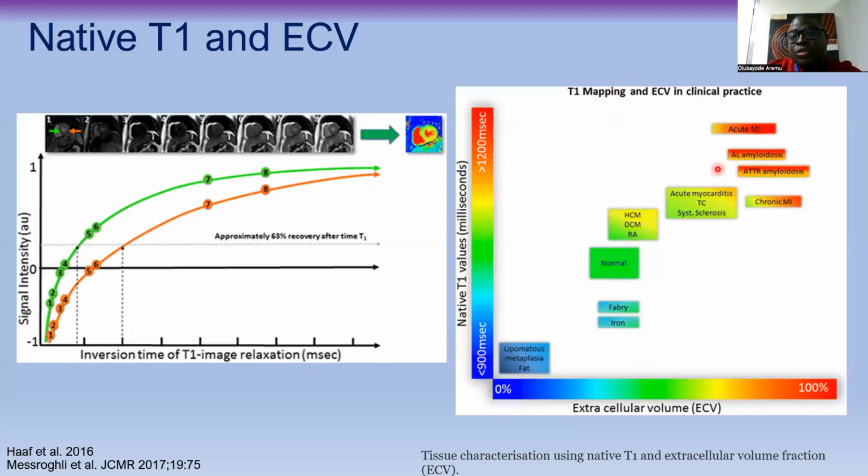We see it ranges from acute myocardial infarction, very high in MI, amyloidosis, the two types of it, the transthyretin and the alpha amyloidosis here, chronic MI, and then it begins to come down from acute myocarditis, systemic sclerosis here, the cardiomyopathy, rheumatoid arthritis, normal, which is the big green here, and then you see the Fabry getting lower there, and then lipomatous metaplasia here.